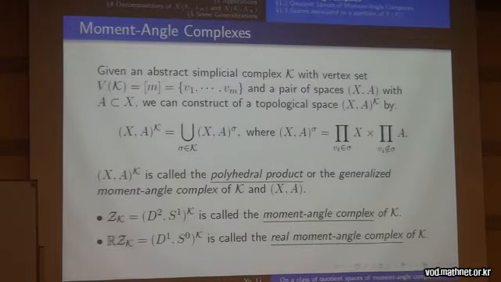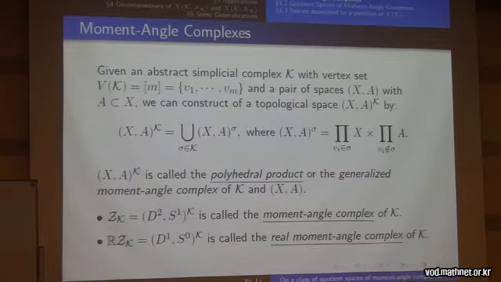So first of all, this is a definition of moment-angle complexes, which has been introduced by many speakers before. For a simplicial complex K on a vertex set M and a pair of spaces, we can construct a topological space X^A_K in the following way.